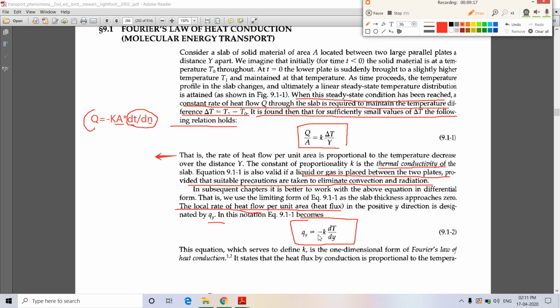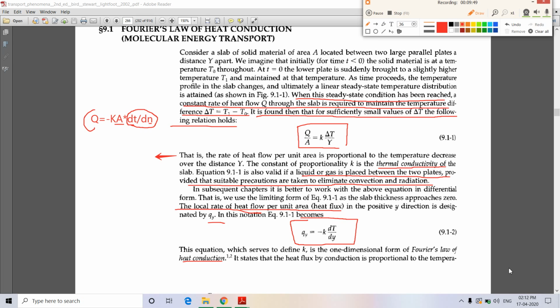And what does the negative sign indicate? As the distance increases, the temperature decreases. As distance increases, temperature decreases, so that's why the negative sign indicates that. So this equation, which serves to define K, is the one-dimensional form of Fourier's law of heat conduction.